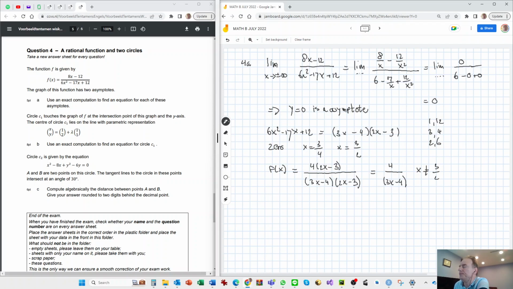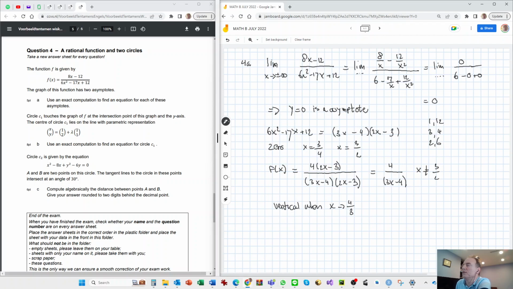So now we've written it in this form, we immediately see there is actually a vertical asymptote when x goes to 4 over 3. Just take the limit and you get 4 over 0, and that goes to infinity.